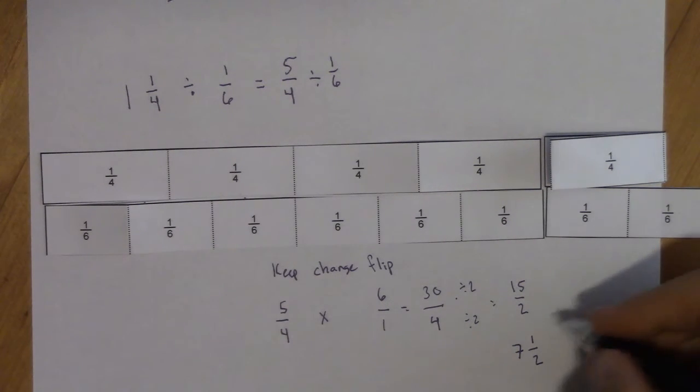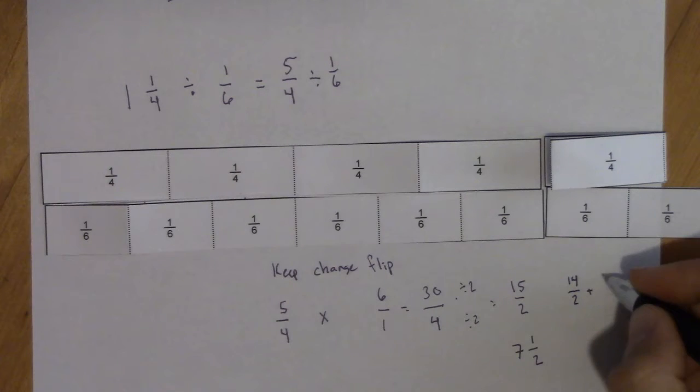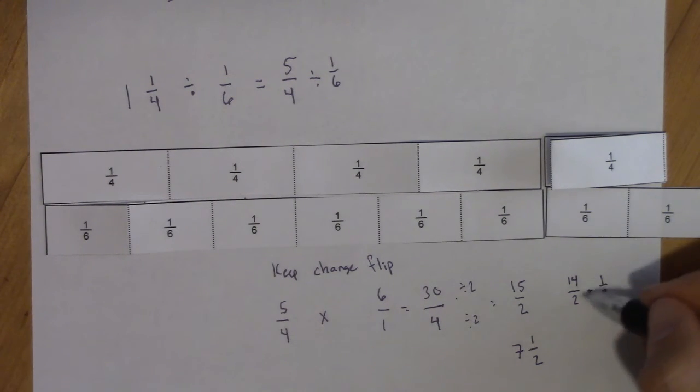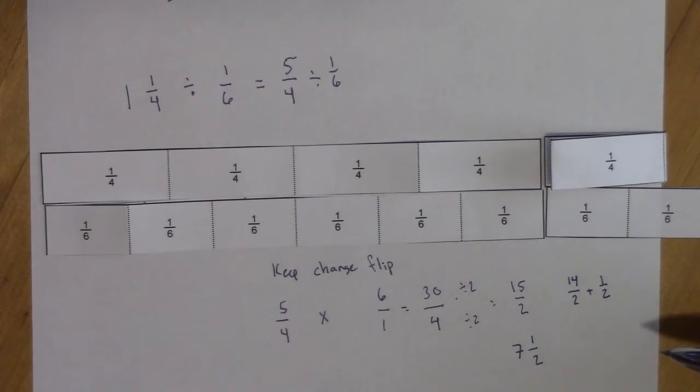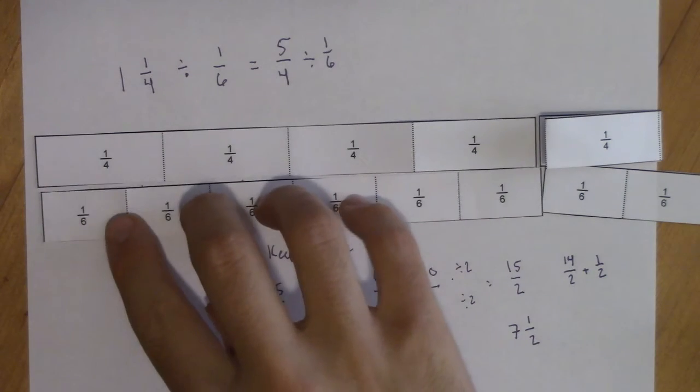You might also think of 15 over 2 as 14 over 2 plus 1 over 2, right? 14 plus 1 is 15, and 14 over 2 is 7. So you have different ways to think about it, but let's see how that fits in with what we had here.